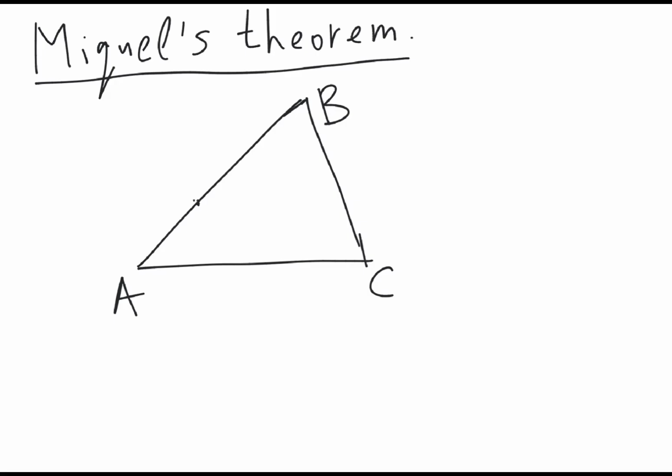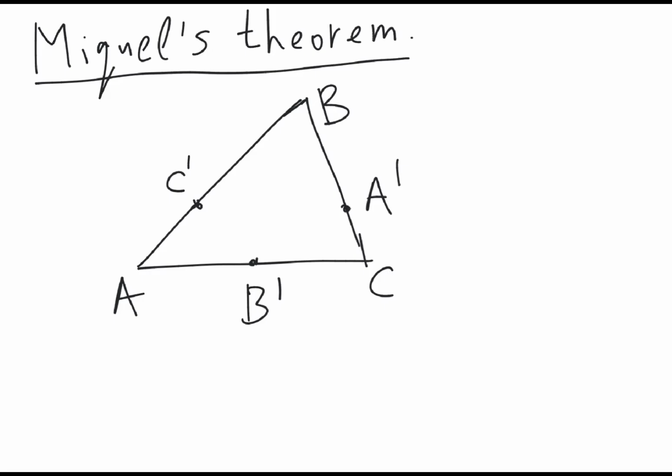So we choose, here let's denote it by C prime, here let's denote it by A prime, and here let's denote it by B prime.